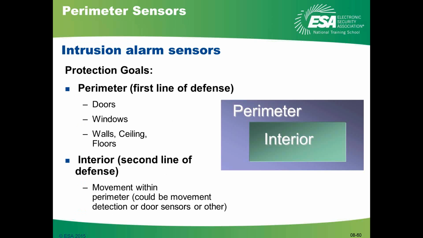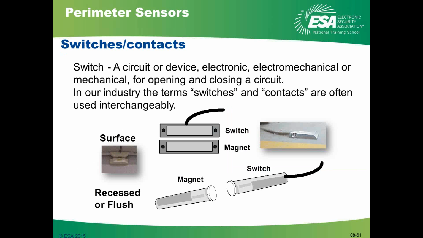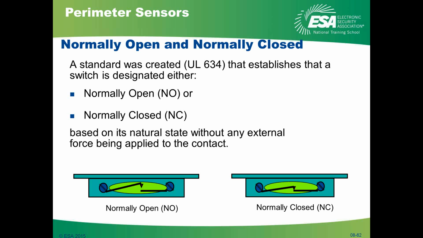These goals are still the same. You'll notice we added perimeter being the first line and interior being the second. This stays the same. We talk about the standard that created the normally open, normally closed, which was the UL 634 standard.